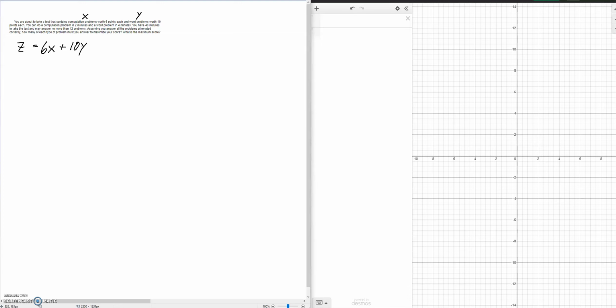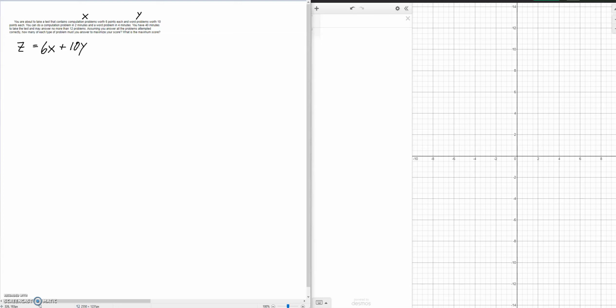So now we need to figure out what our constraints are. Okay, so let's see here. You can do a computation problem in 2 minutes and a word problem in 4 minutes. I have 40 minutes to take the test. So what does that do for us?